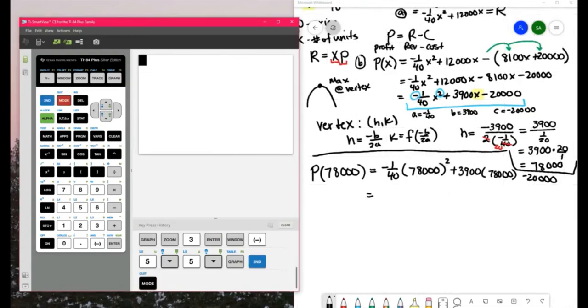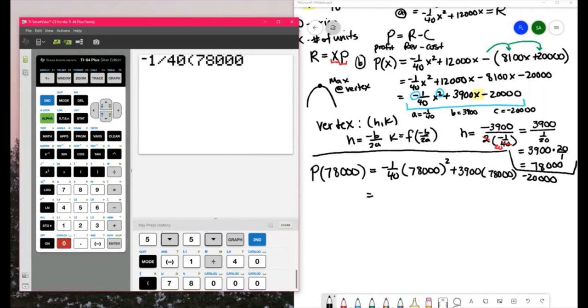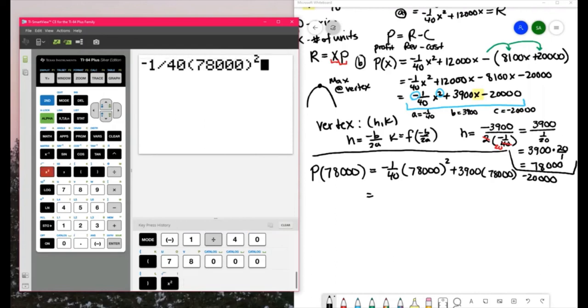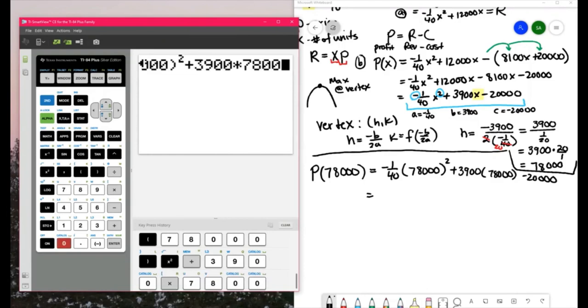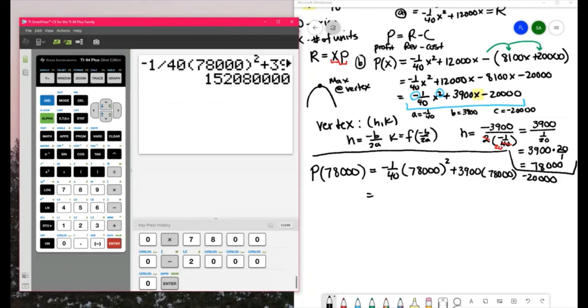And on my home screen, I'm going to type negative 1/40 and parentheses 78,000 squared plus 3,900 times 78,000 minus 20,000, and we get a really big number.